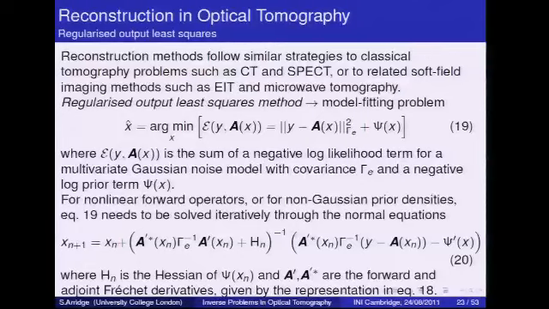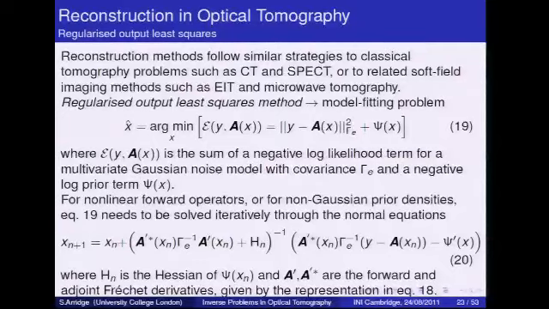This is the covariance of the noise process, the measurement noise. This is the adjoint Fréchet derivative, the derivative of the regularization step. And this is this inversion, which is the adjoint Fréchet derivative, the noise covariance inverted, and the forward Fréchet derivative, and H is the Hessian of the regularization term.